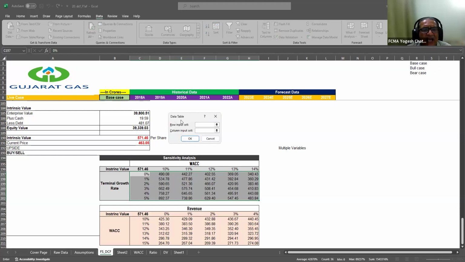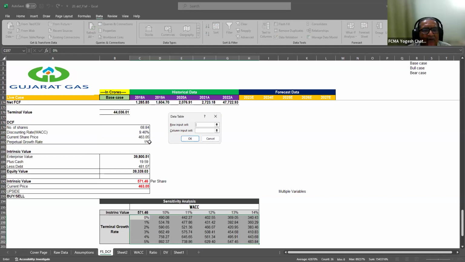This dialog box opens once you click that. Here you need to give the row input cell, which is related to the terminal growth rate, so that I will give at 1%. And the column input cell is my weighted average cost of capital, that is 9.46%.